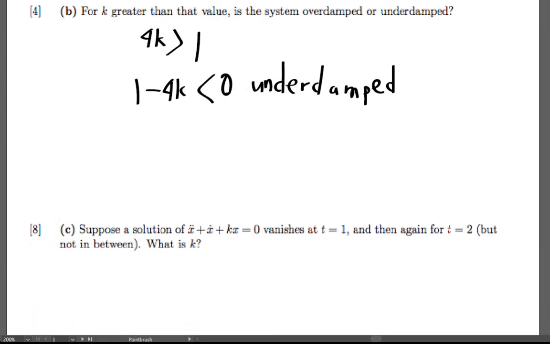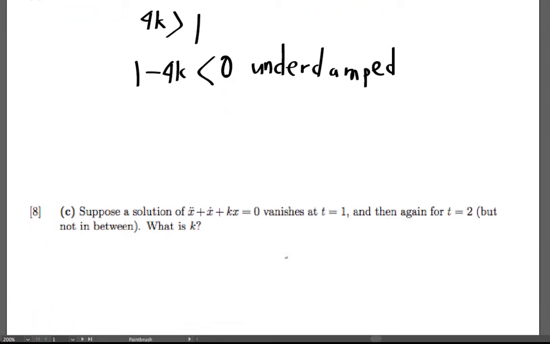Okay. Suppose a solution of x double dot plus kx dot plus kx equals 0 vanishes at t equals 1, and then again at t equals 2, but not in between. What is k? Huh.